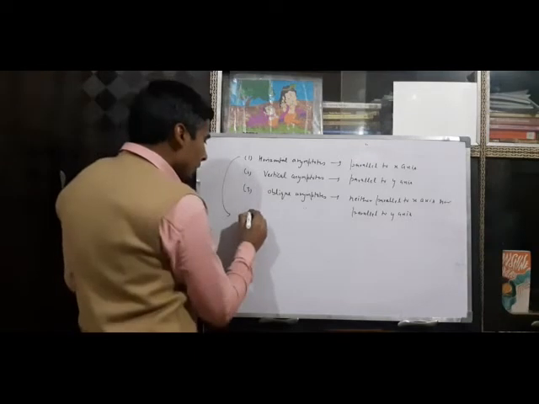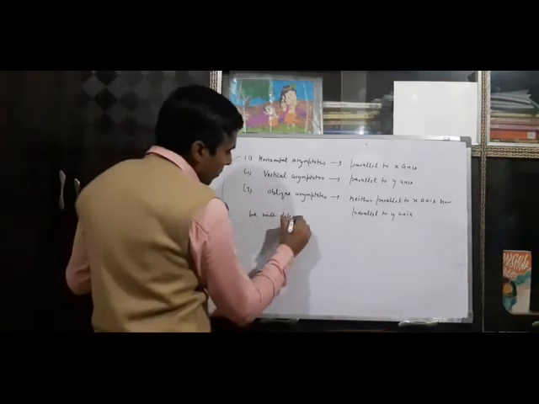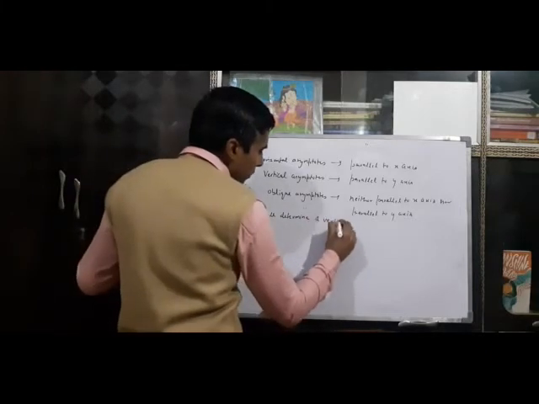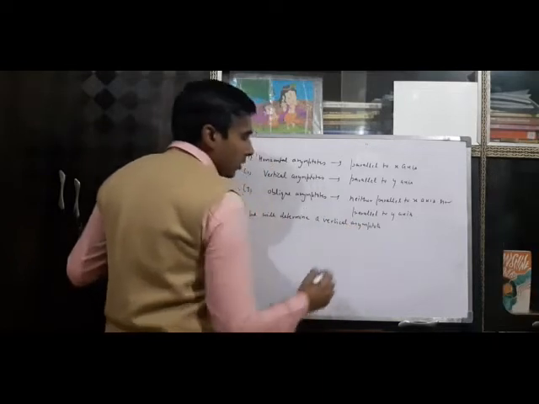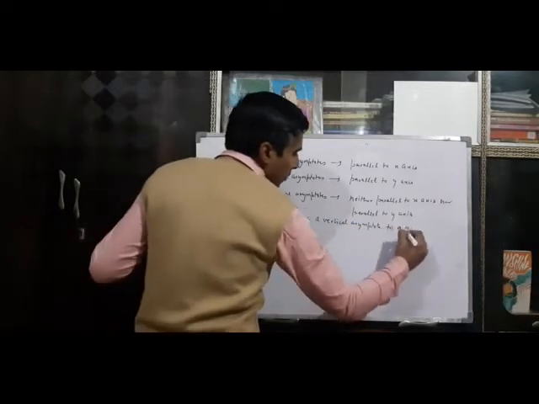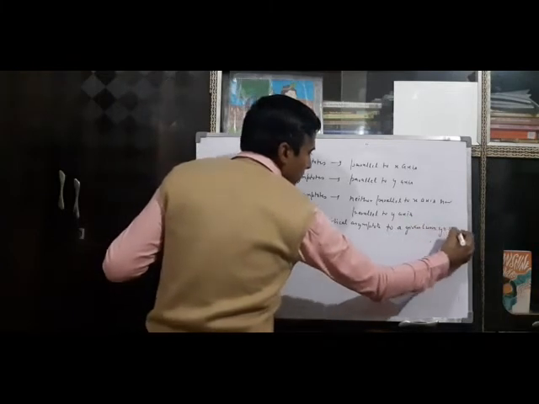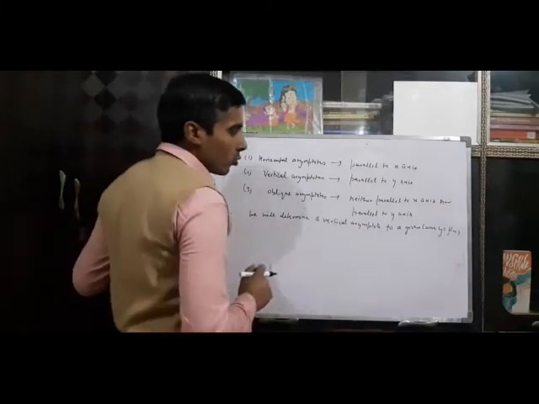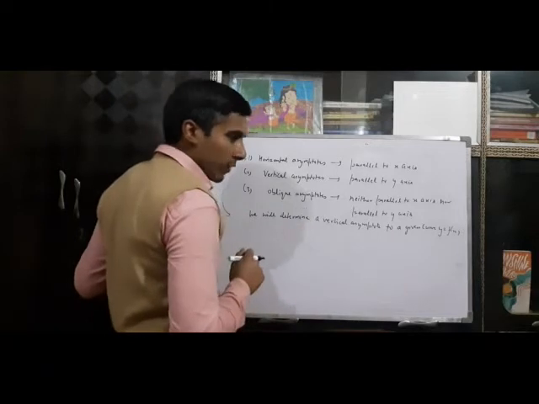Now we will determine a vertical asymptote to a given curve. That means we are here determining an asymptote which is parallel to y-axis to a given curve y equal to f(x).